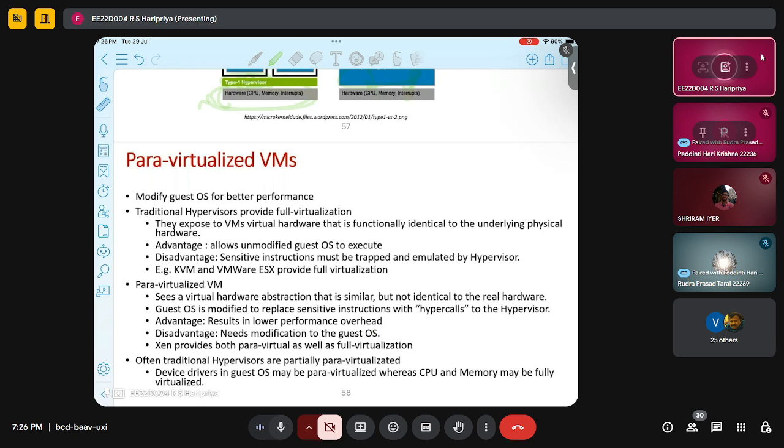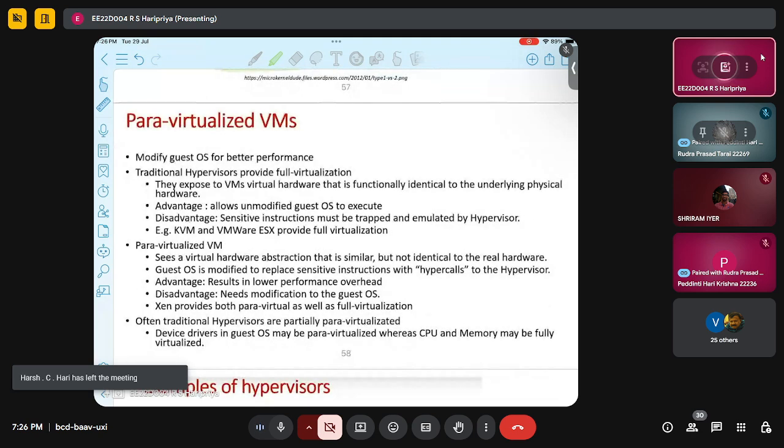Here the guest OS is modified, replacing some sensitive instruction calls. Basically you have the hardware, the hypervisor and the OS. If the hypervisor wants to be fully transparent, then all the privileged instructions coming from the OS get trapped into the hypervisor and simulated.